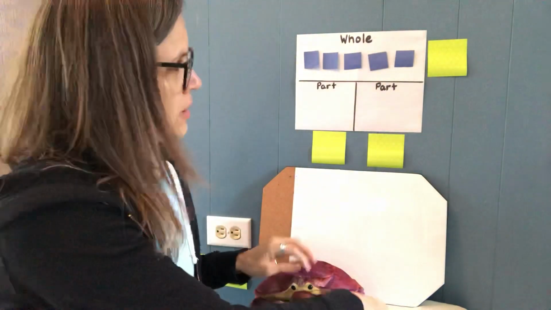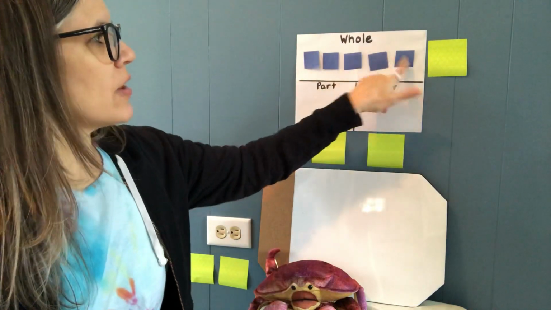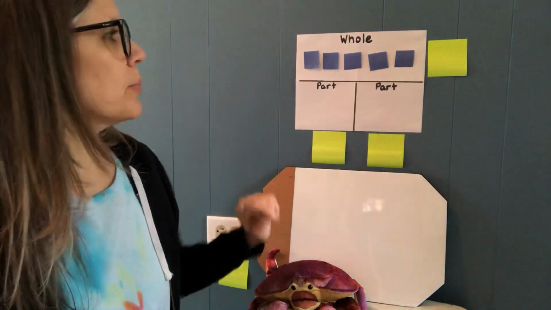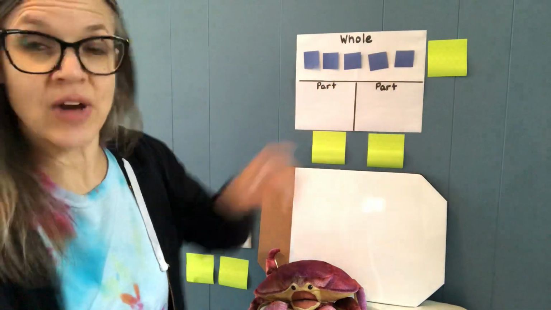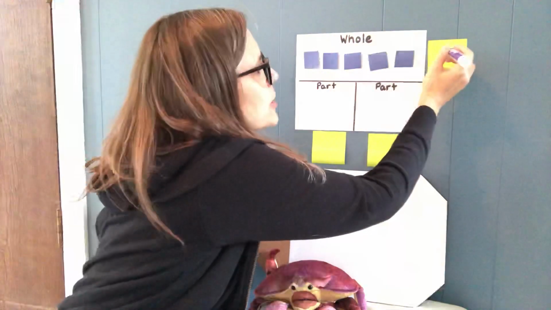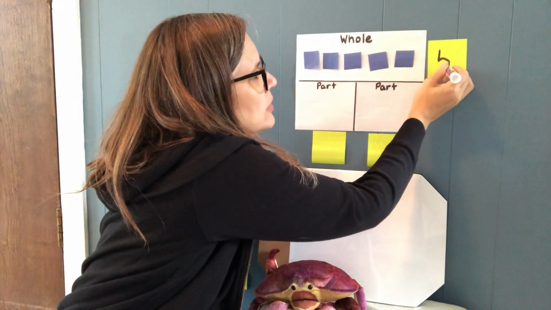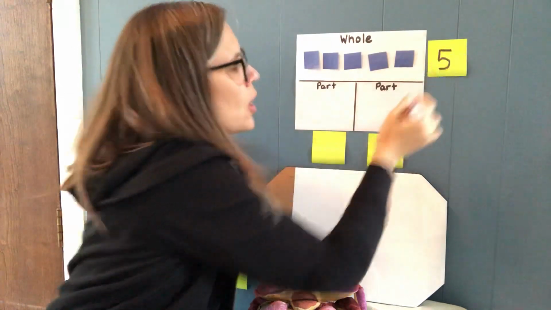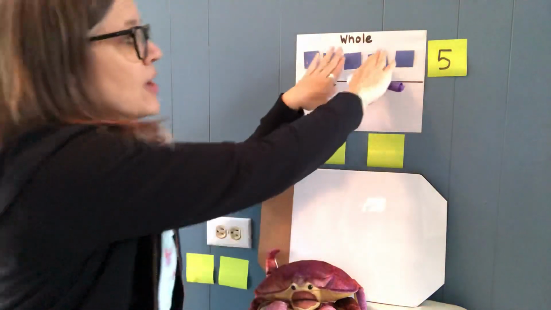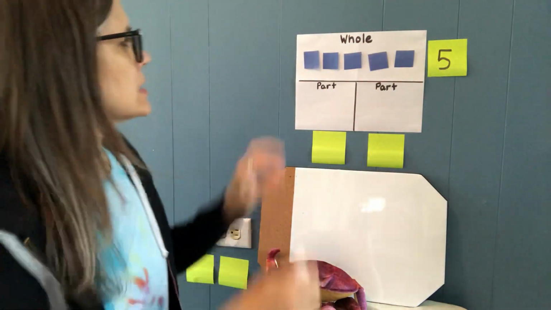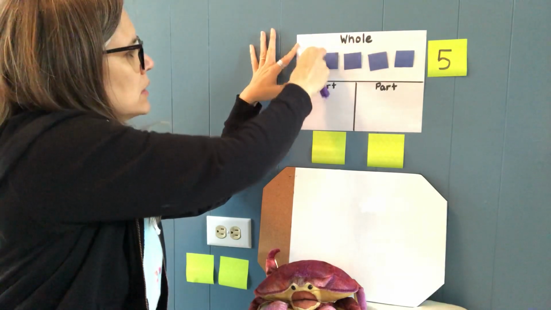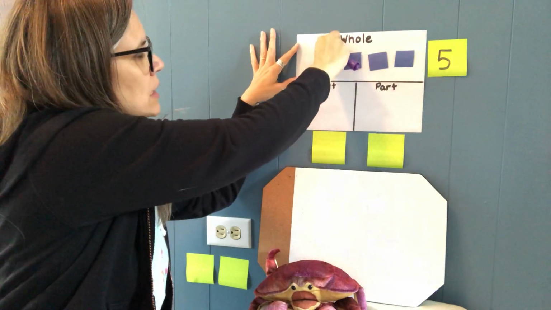Whole. How many do we have in our whole up here? 1, 2, 3, 4, 5. Okay, so I'm gonna try to keep track. 5. Okay, but I wanna take my 5 and I wanna split it into parts. So let's see, let's put this many here.